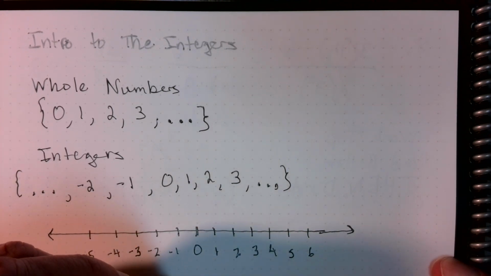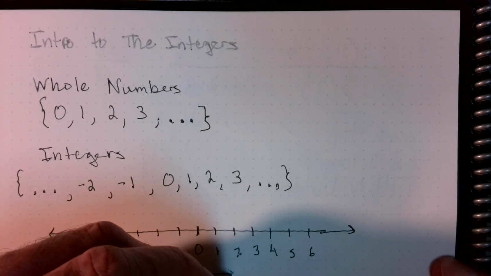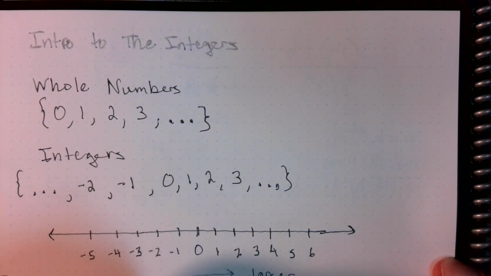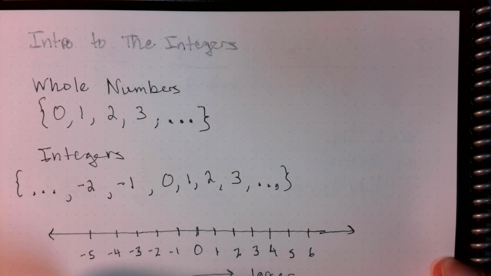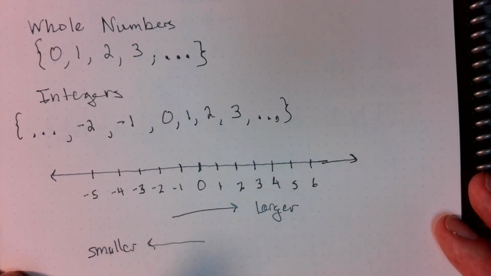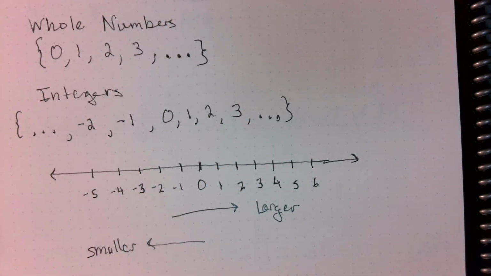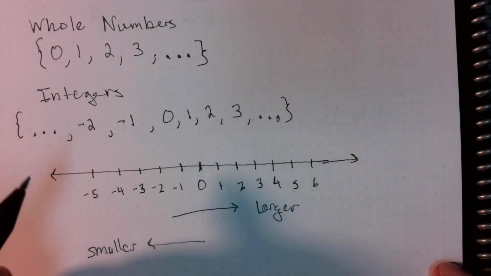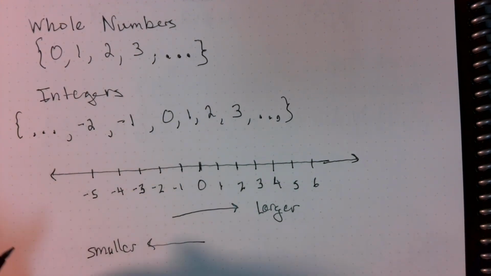And of course, on the number line, if you're moving to the right, those are larger numbers. If you're moving to the left, those are smaller numbers. So every positive number is larger than any negative number.